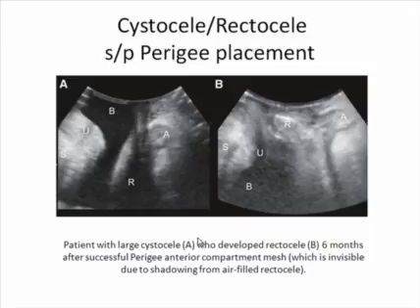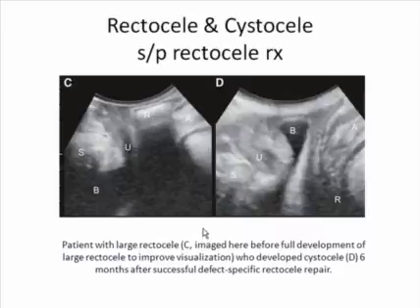And here's some static imaging of cystoceles and rectocele after perigee, which is a mesh. This is a rectocele and a cystocele, again, after mesh placement.